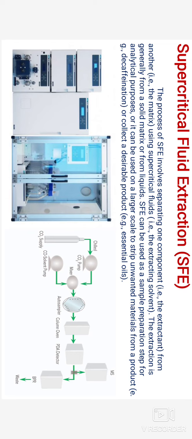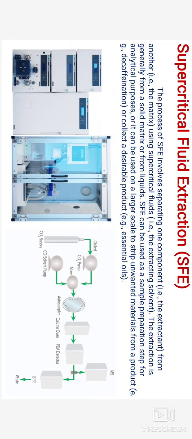In the procedure of this apparatus, the system must contain a pump for the carbon dioxide, a pressure cell to contain the sample, a means of maintaining pressure in the system, and a collecting vessel. The liquid is pumped to a heating zone where it is heated to supercritical conditions.